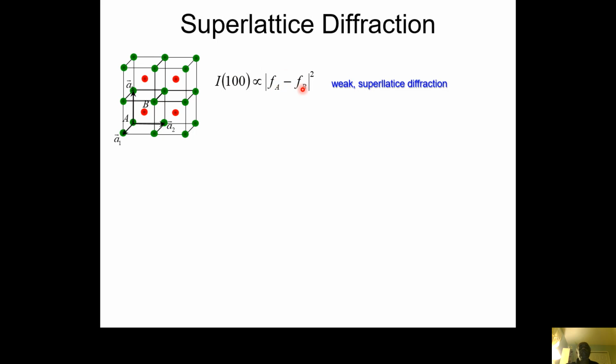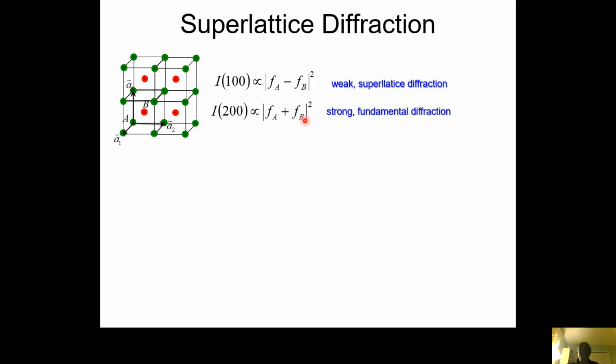If FA and FB are the same, it is 0, right? They cancel. But if they are different, you get some reflection, but they are weak. These are the superlattice reflections. But if you take 2, 0, 0, in that case you can calculate from that structure factor very easily.